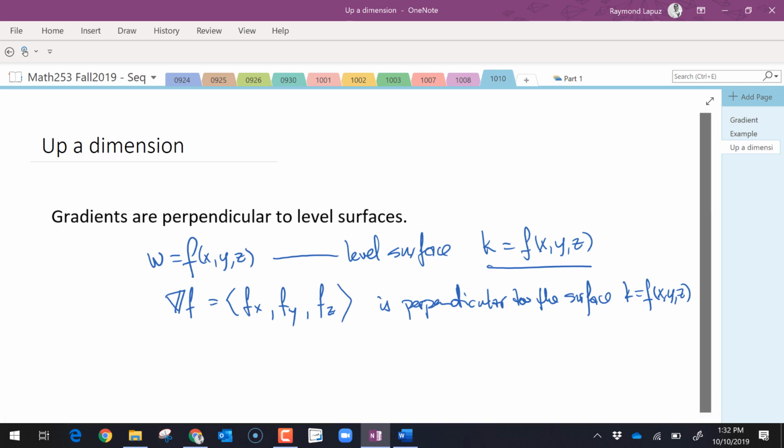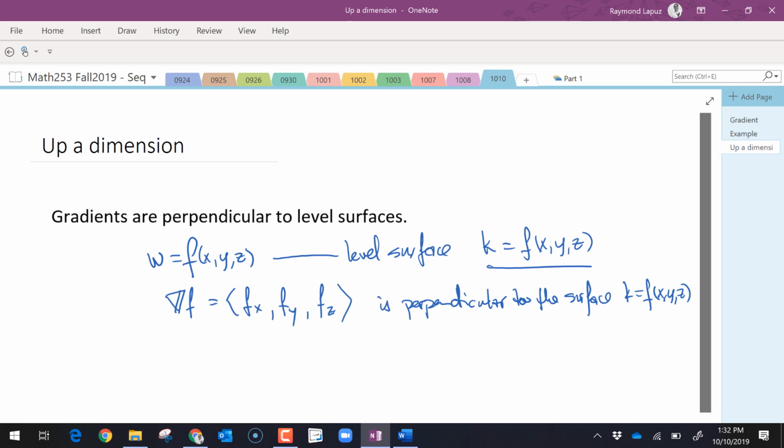Okay, the proof is similar. You would parametrize a curve on the surface, and then you would compose them, and then you would take the derivative, and then you'll see that the dot product is going to equal 0, except you're doing things in 3 dimensions. And, you know, technically you can do this in higher dimensions too, but then graphically we lose the idea of perpendicularity, although you can study perpendicular 4-dimensional vectors in linear algebra.